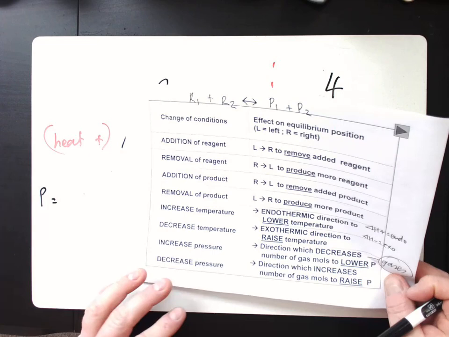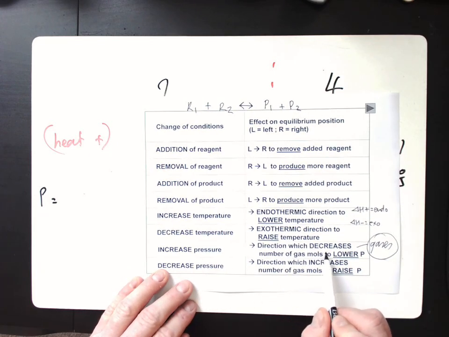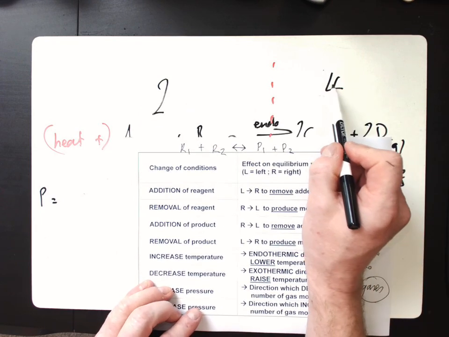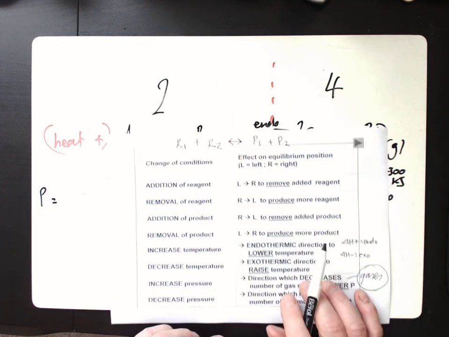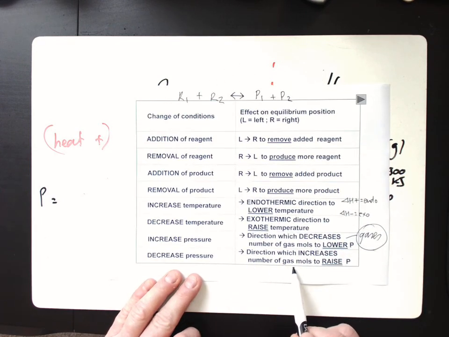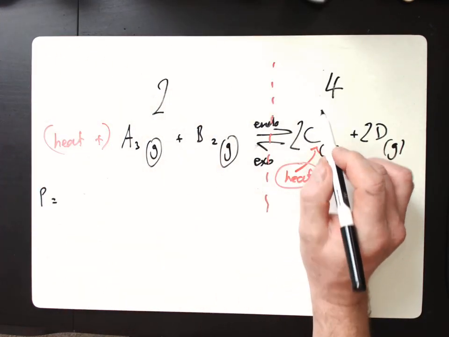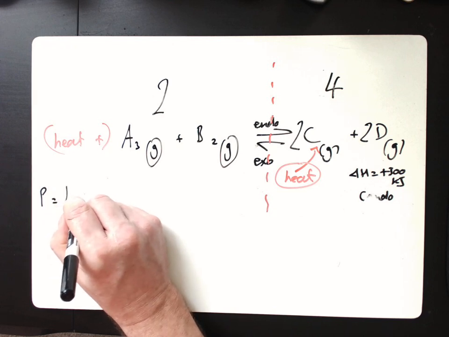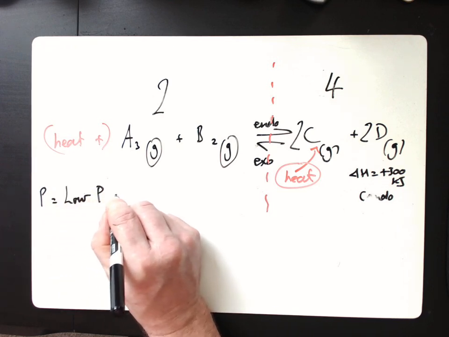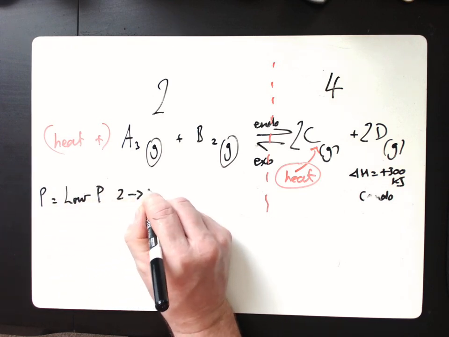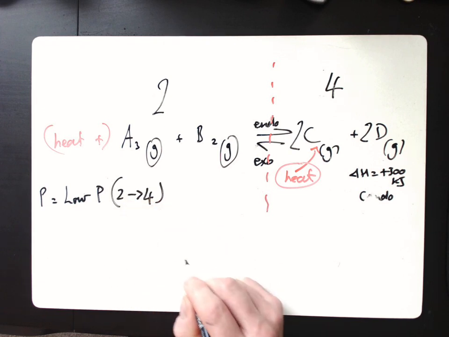If we increase pressure, it goes to the side which decreases the number of moles. If we decrease pressure, it goes to the side which will raise the number of moles. So in this one, we want to run it at a low pressure, because we're going to go from 2 moles to 4 moles.